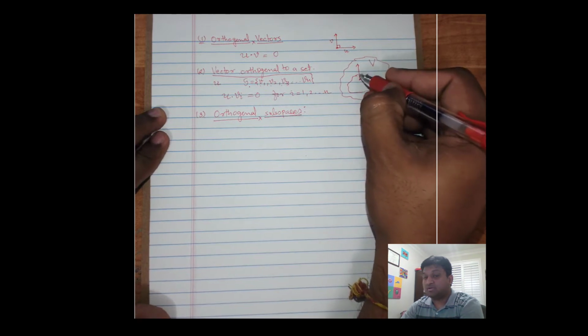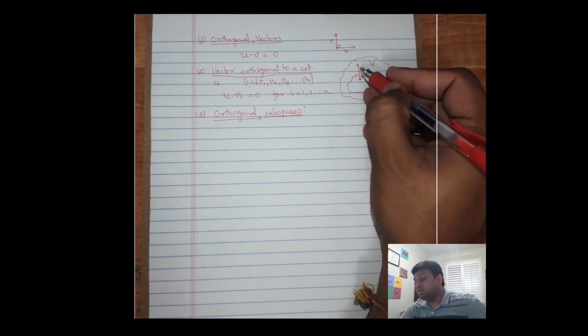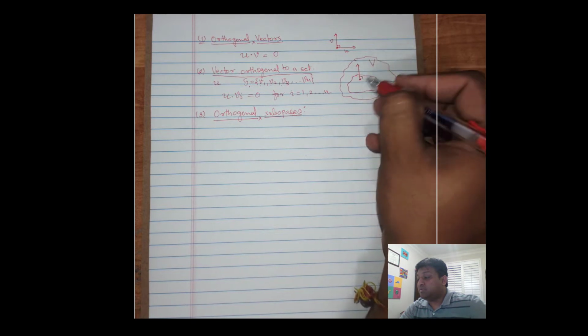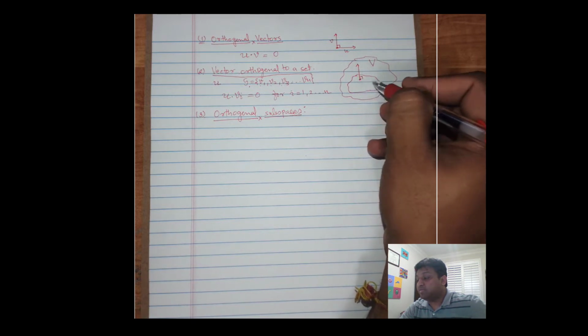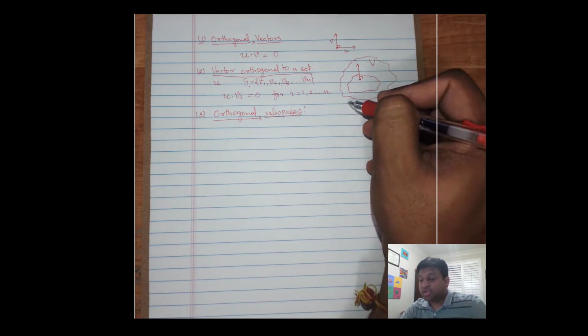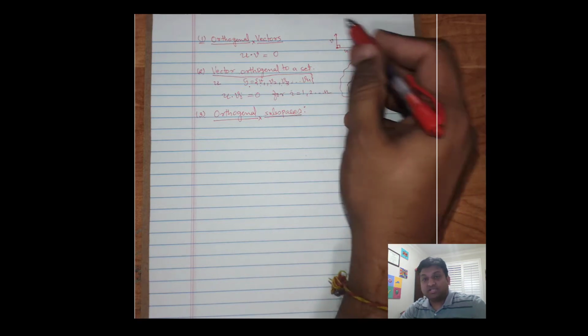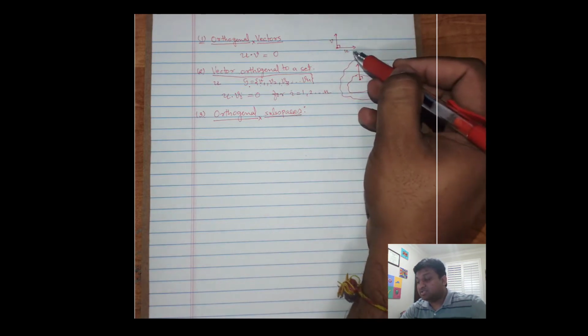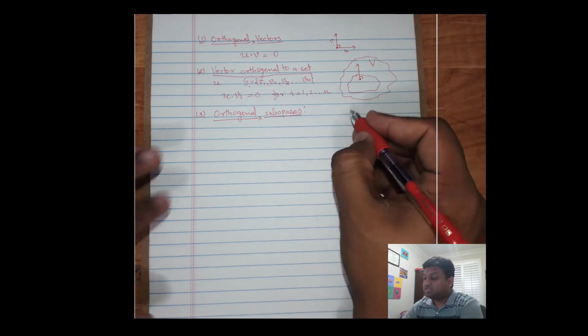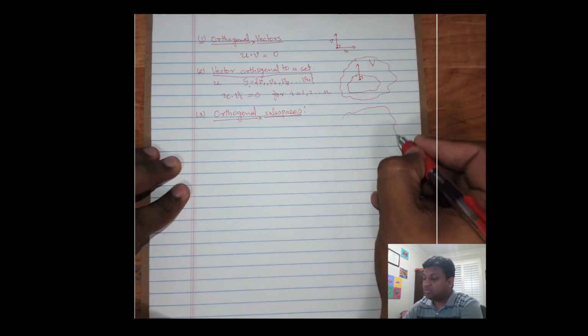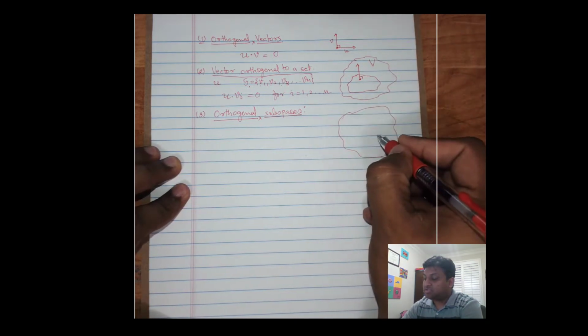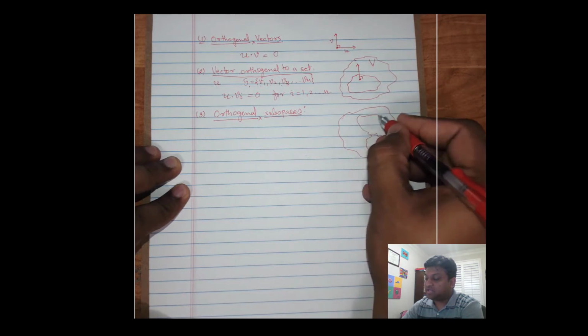That subspace is orthogonal to vector u if your vector is orthogonal to every single vector sitting in that subspace. Two vectors in a vector space are orthogonal if their dot product is 0. Two subspaces are orthogonal if every vector in the first subspace is orthogonal to every vector in the second subspace.